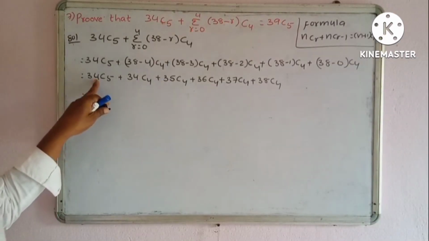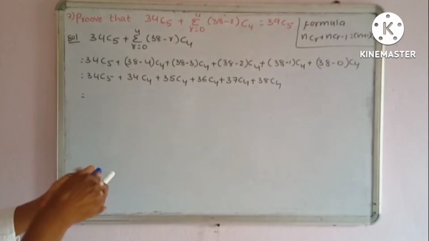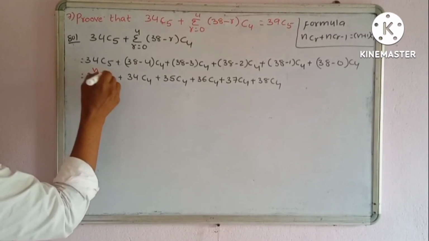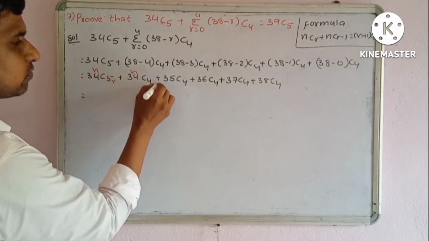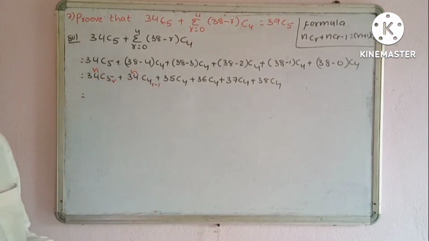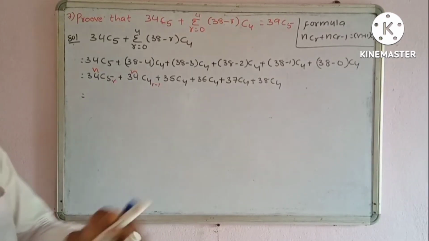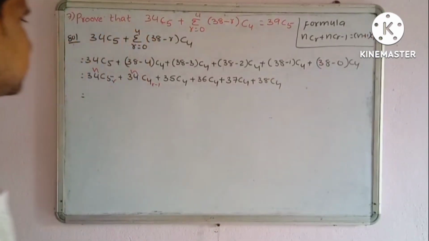Now see carefully. nCr, here nC5 and nC(5 minus 1) is 4. nCr plus nC(r minus 1), what is the formula? It is (n plus 1)Cr.